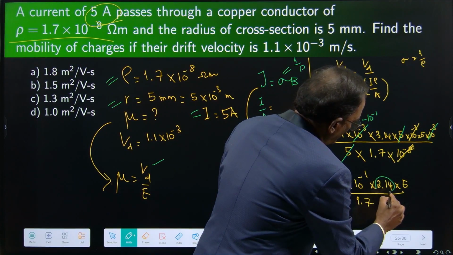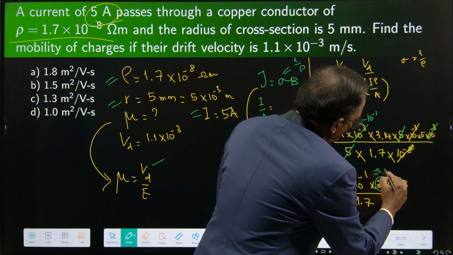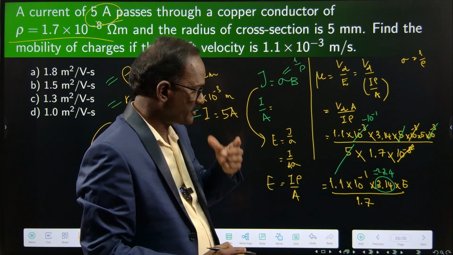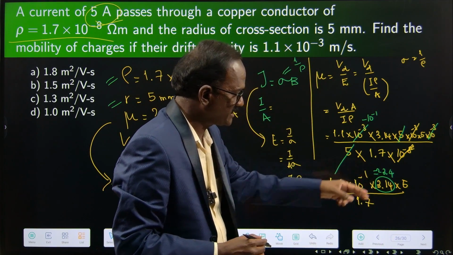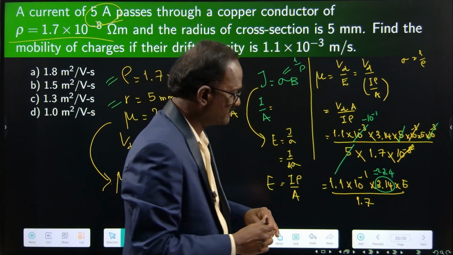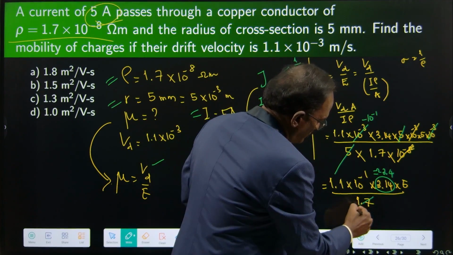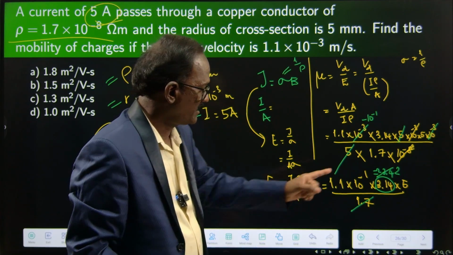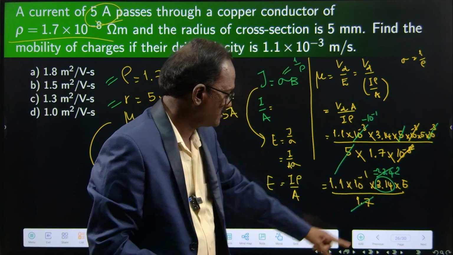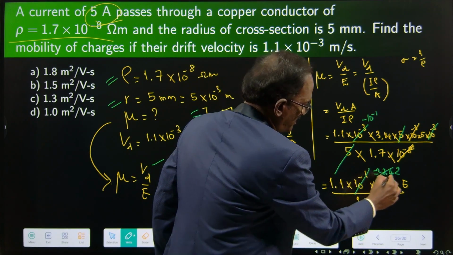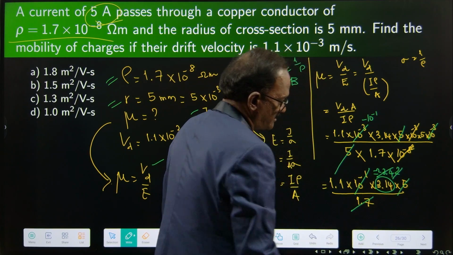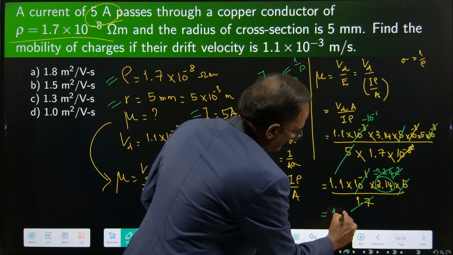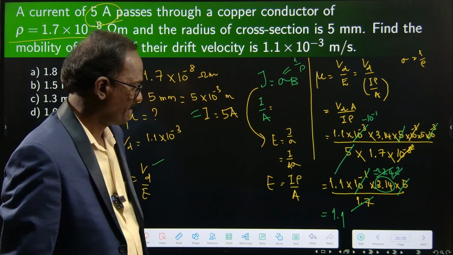Let me assume 3.4 instead of 3.14, so that 1.7 and 3.4 can be cancelled, right? 3.4 divided by 1.7 is 2. Then 2 into 5 is 10. This 10 power minus 1 and 2, 5 are cancelled. Yes. The answer is 1.1.